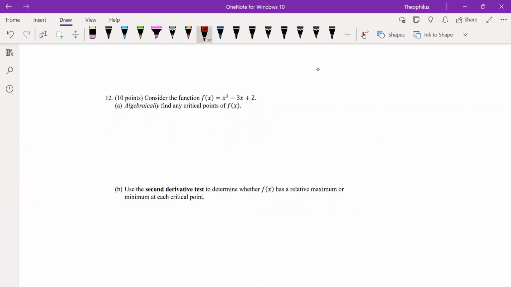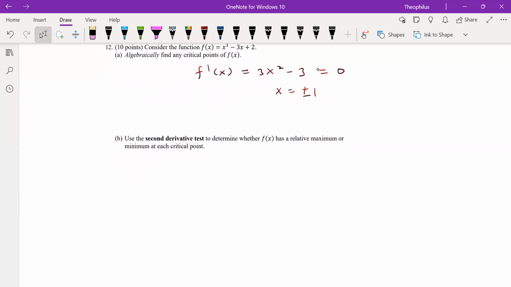We said that we find the first derivative, then we set it to 0. The first derivative gives us 3x squared minus 3. Then we set it to 0, and we are going to have x equal to plus or minus 1. So these are the critical points.